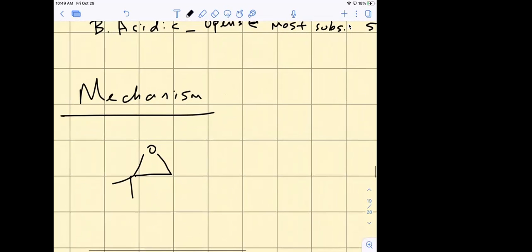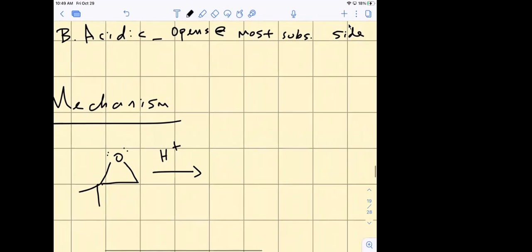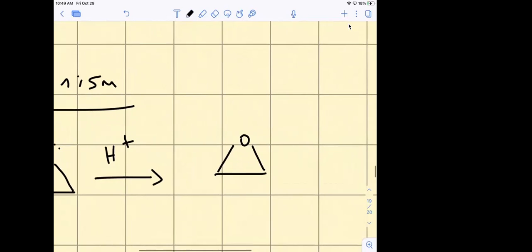When I have this in the presence of an acid, I'm just going to put H plus. That proton from the acid is going to end up on oxygen. You're going to do proton transfer with oxygen like that. Still got one pair of electrons and it's positive.